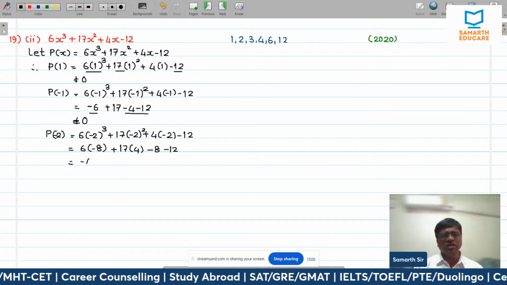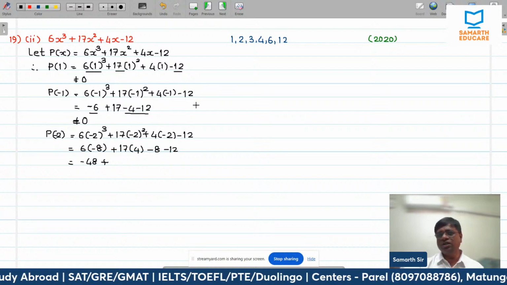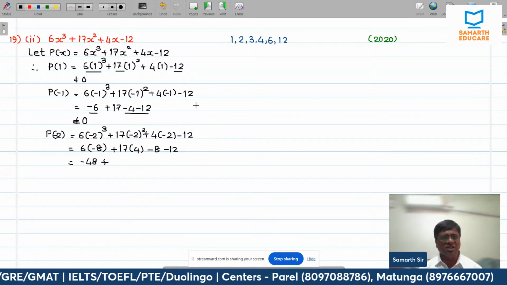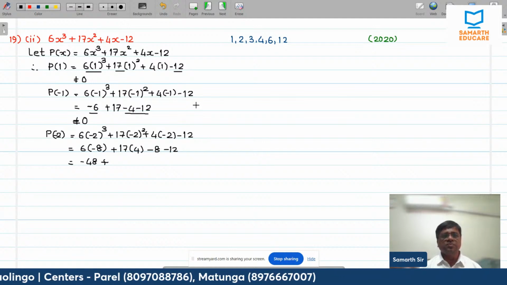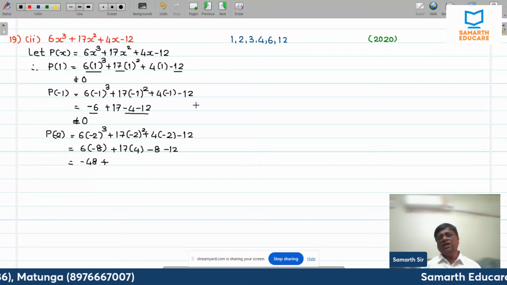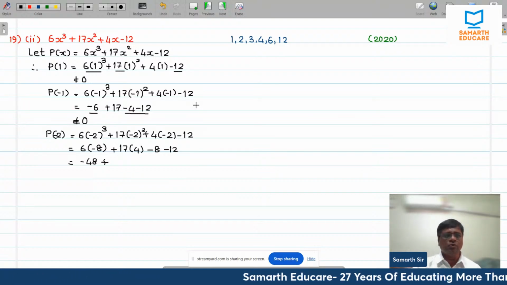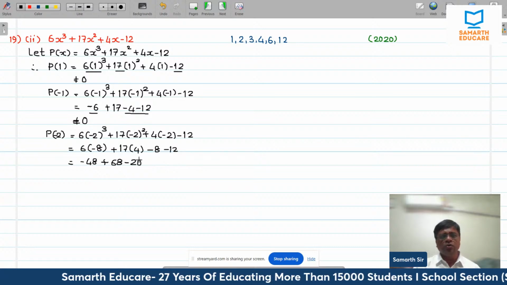So this is -48. ठीक है, 17 into 4 करना है. देखो tables, I'm very weak at tables, right? But I can multiply anything by anything in a very speedy way. तो कैसे करना है, नहीं आता है, ठीक है. 17 2 34 होता है, तो 34 and 34 कितना हो जाएगा, 68 हो जाएगा. So let me write this as 68 एंड ये दोनों का टोटल -20.